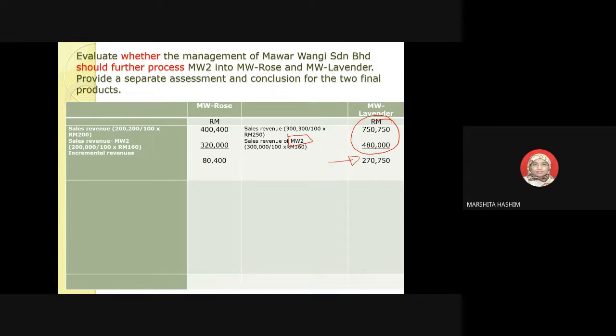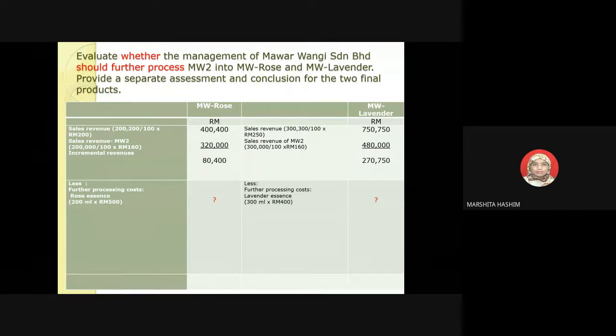Okay, now we deduct all expenses. We have further processing costs for each product. Further processing costs: rose essence RM500 for 200 ml, lavender essence 400 ringgit for 300 ml.